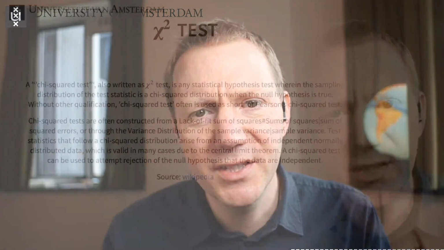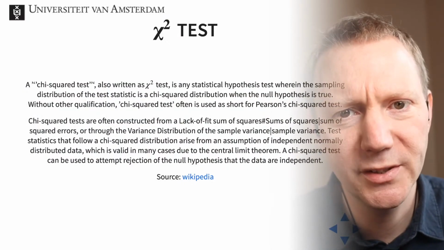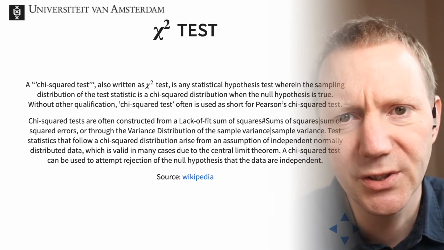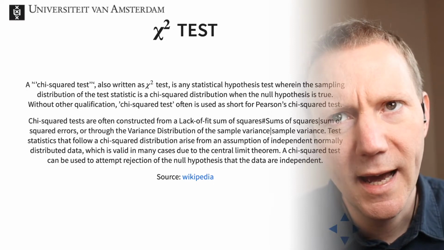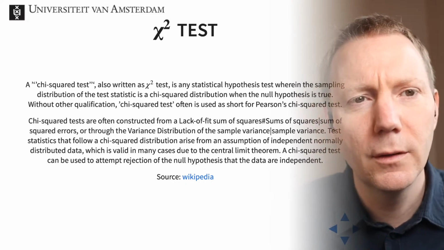So on its own, it's able to test some hypothesis on the relation between two categorical variables. But what you also see is that it's used a lot as a sort of measure of standardization. So one of the assumptions in a lot of the research that we do is that we have a random sample from our population, and we use the fact that it is a random sample to essentially justify our statistics.